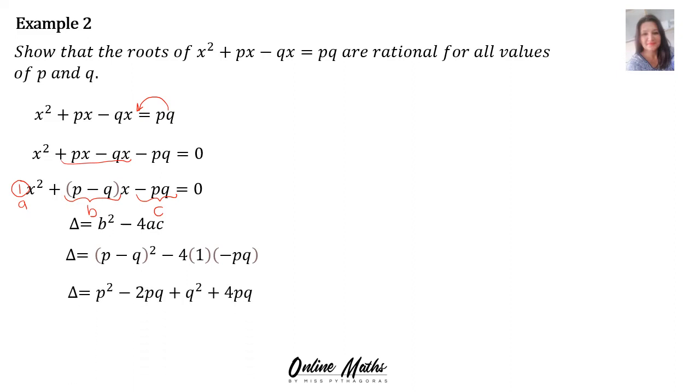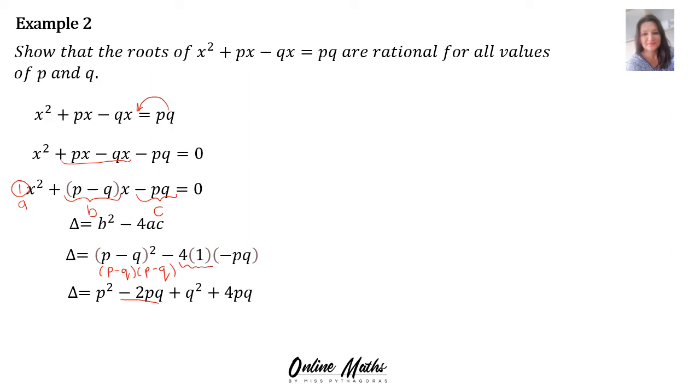In the next step, I'm going to write this p minus q squared twice. You multiply that out and you end with p squared minus 2pq plus q squared, and then minus 4 times negative pq is plus 4pq. And then I can add my two like terms.